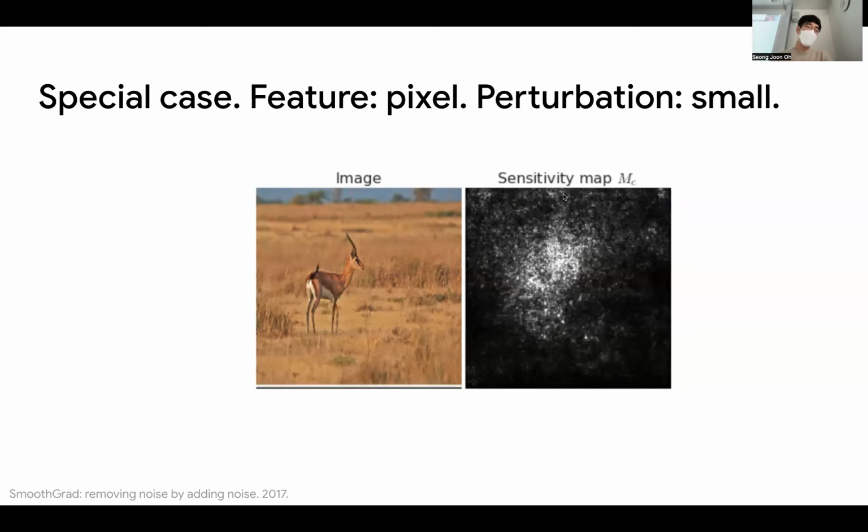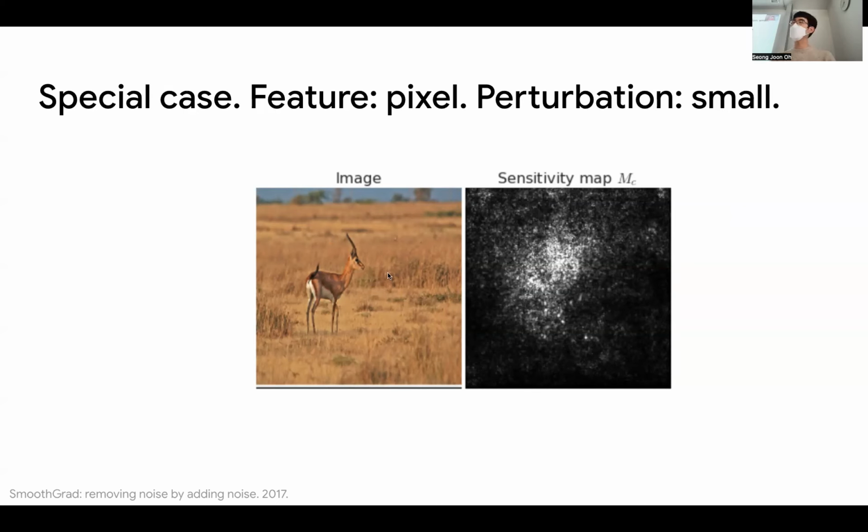So a lot of different names are attached to this input gradient. I personally prefer to just call this input gradient rather than sensitivity map or saliency map or anything else, for the sake of clarity.